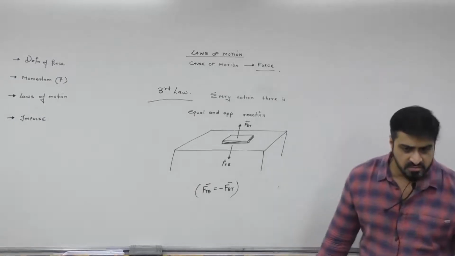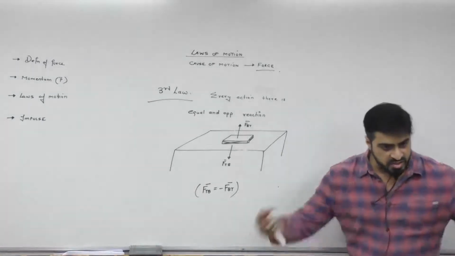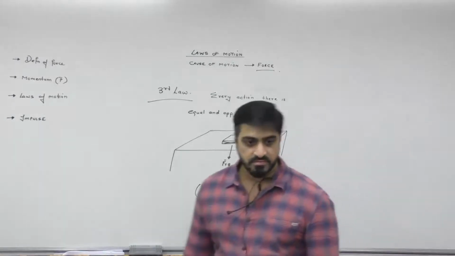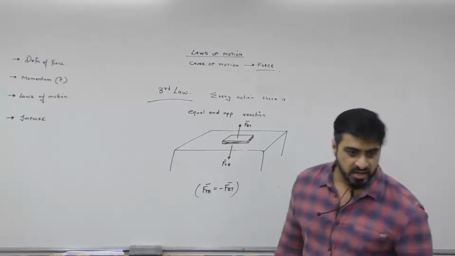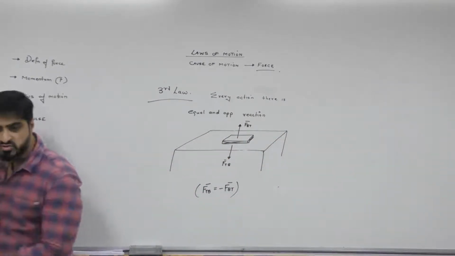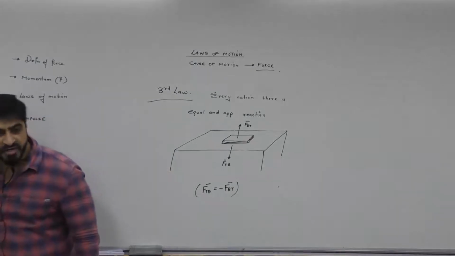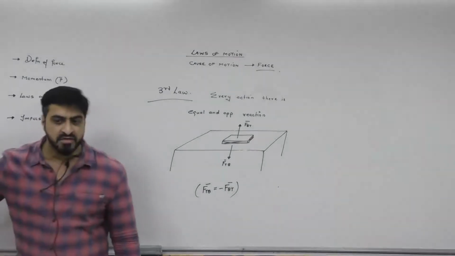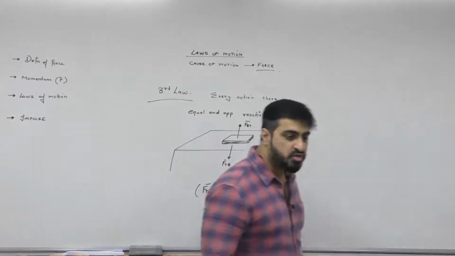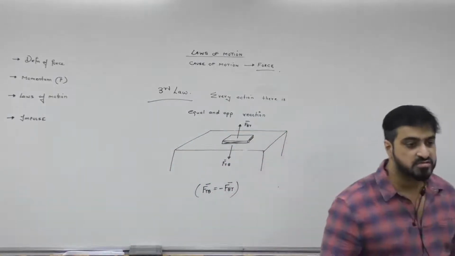Force on the same body will cancel. I am pushing the wall. The wall is also pushing me. Will they cancel? No. I am pushing by 100 Newton. He is also applying 100 Newton. They will not cancel, because they are acting on two different bodies.